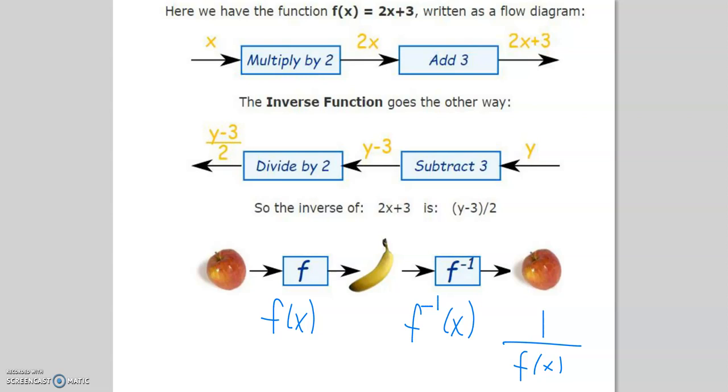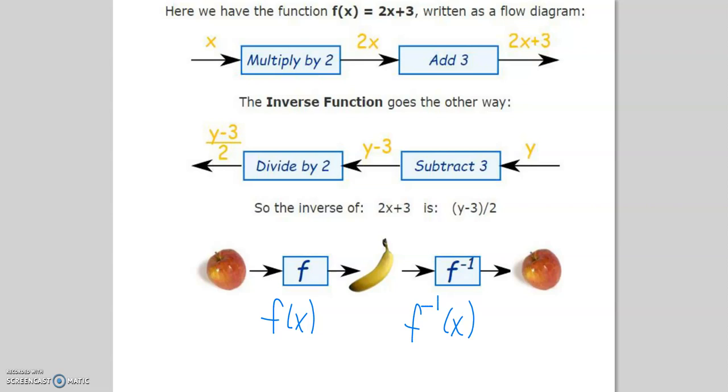So super important to remember that f of negative 1 does not equal that. In fact, I'm going to erase that so you don't have any idea that that could possibly be the answer. F negative 1 just means the inverse, f inverse, okay? So I want you to practice saying that so that you can keep that in your brain.